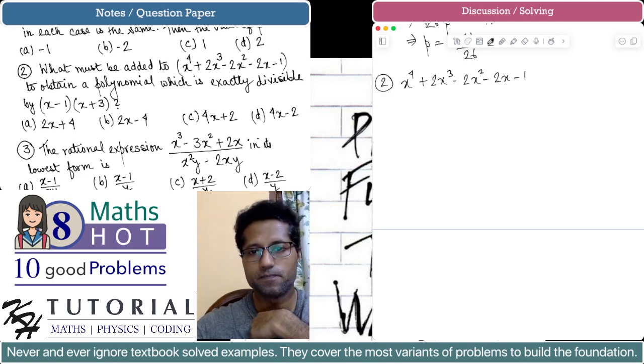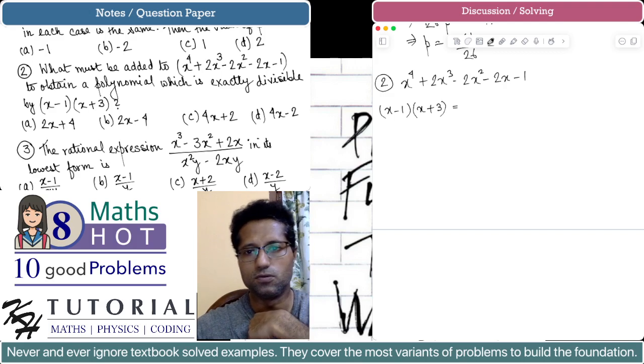Now, what is x minus 1 multiplied by x plus 3? You must be familiar that the product of x plus a and x plus b is equal to x square plus a plus b into x plus ab.